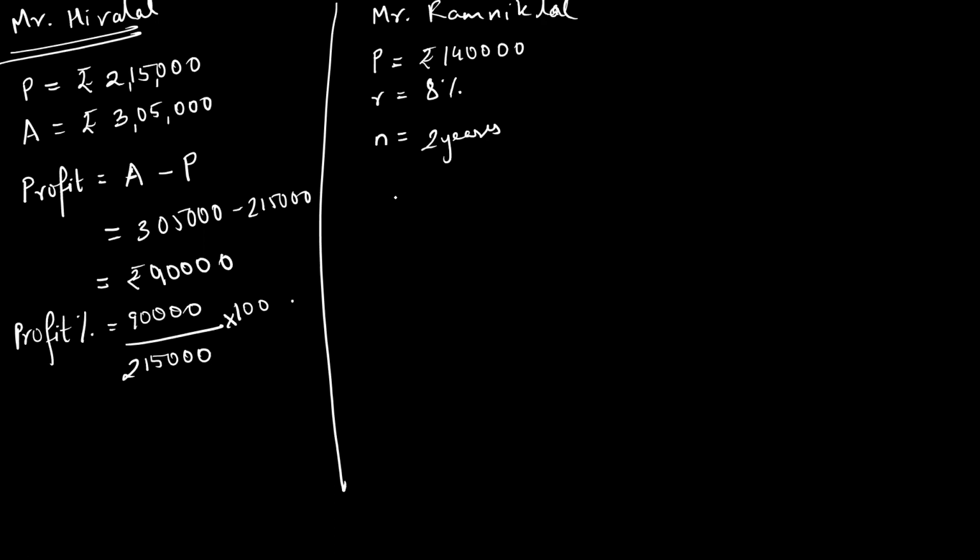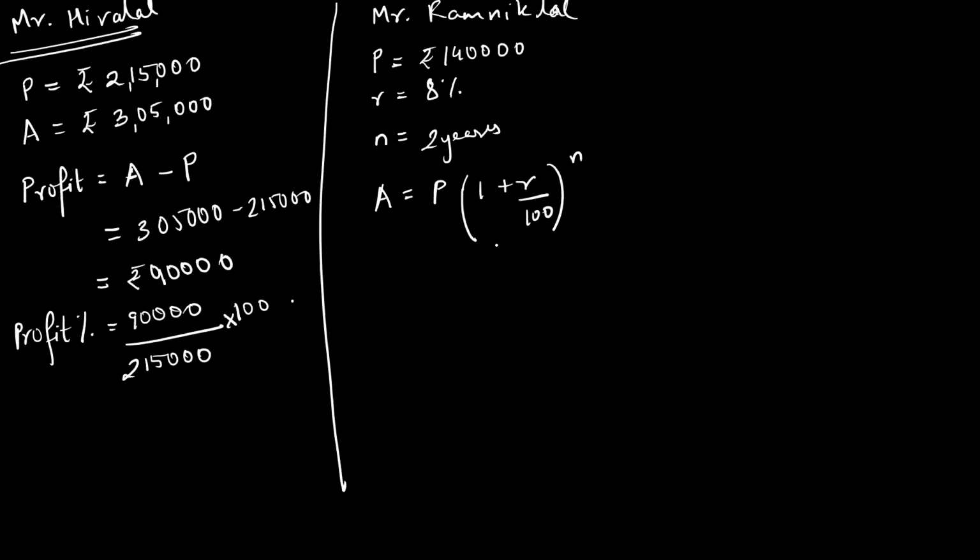Okay. So for this also, can you tell me how to find the amount? So A is equal to P in bracket 1 plus R upon 100, the whole ratio.